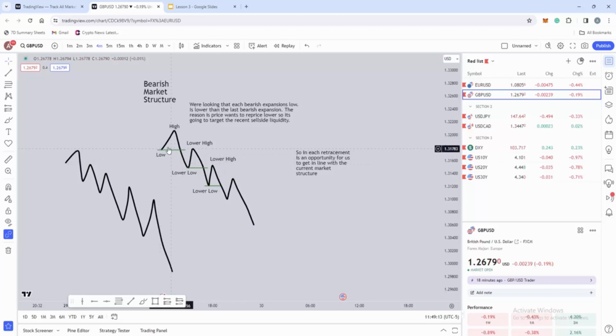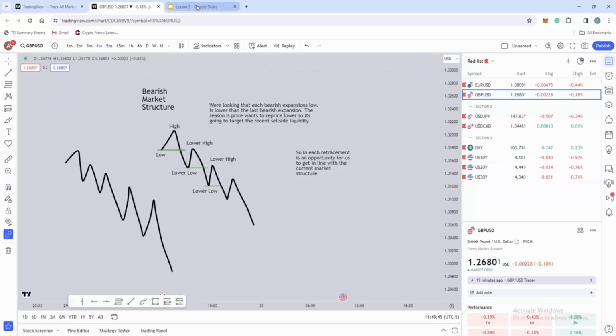So once we see this low get violated and price retrace back up, we could enter short here, take profit somewhere around here. Once this liquidity has been hit, price will retrace back up, we'll go short over there, take profit where this liquidity has been hit. And that's the cycle we're looking for. And that's why understanding the market structure and making sure it's in line with your bias is really the key factor to finding good trade setups.